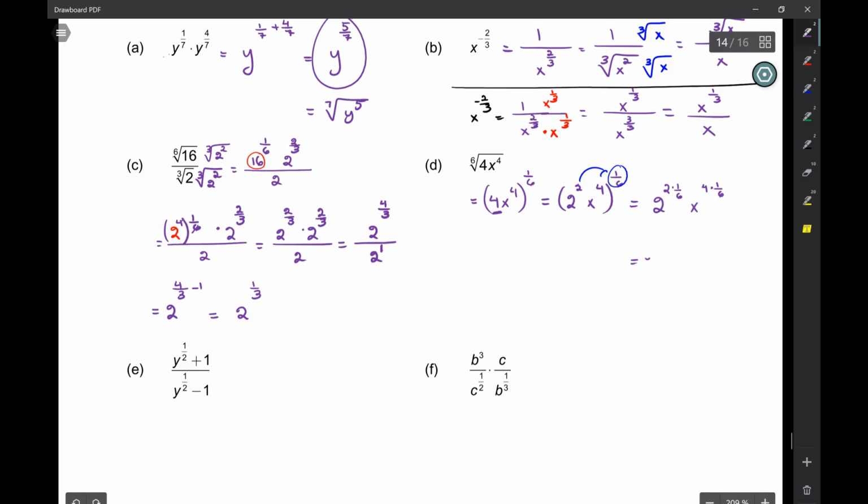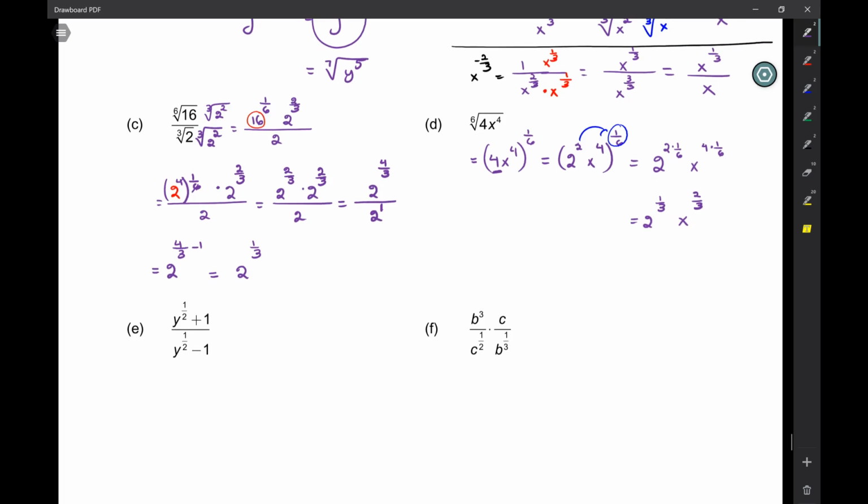So it's 2 to the 1/3, x to the 2/3. Okay? Now, can we put it back in root form? This is cube root of 2 and cube root of x squared. Well, what is that together? Cube root of 2x squared.